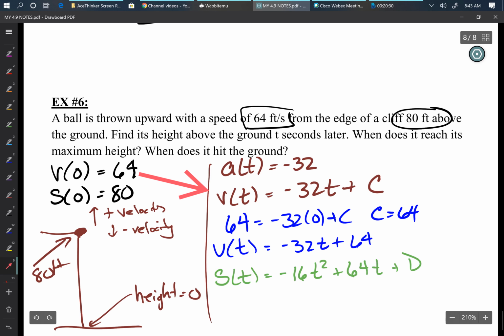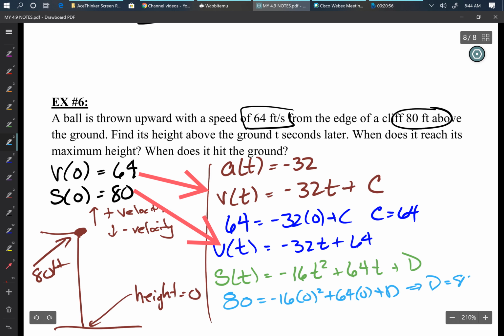I'll use the initial condition about height to solve for d. That's going to give me that 80 is equal to negative 16 times 0 squared plus 64 times 0 plus d, which means that d equals 80.